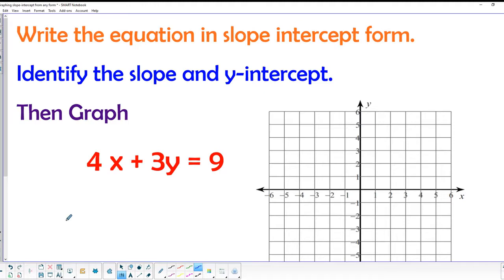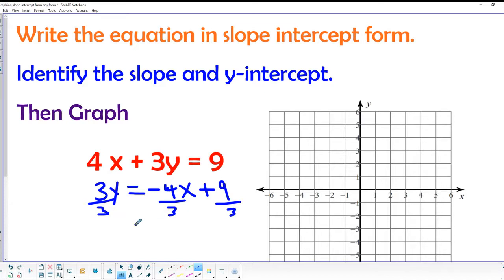Let's try this one. 3y equals negative 4x plus 9. Divide everything by 3 to get y alone. And we end up with y equals negative 4/3 x plus 3.